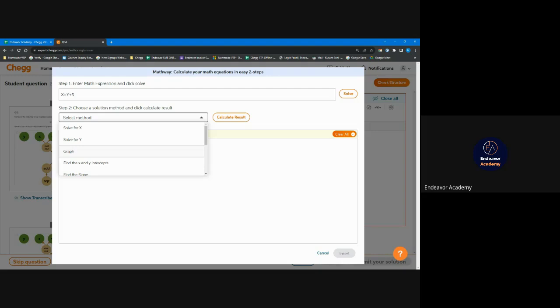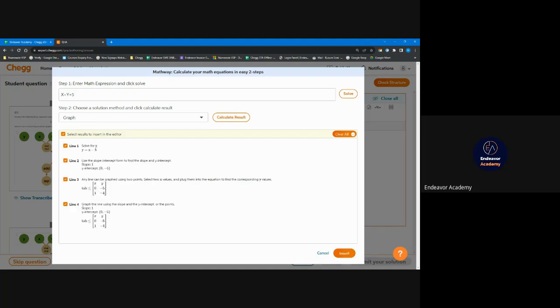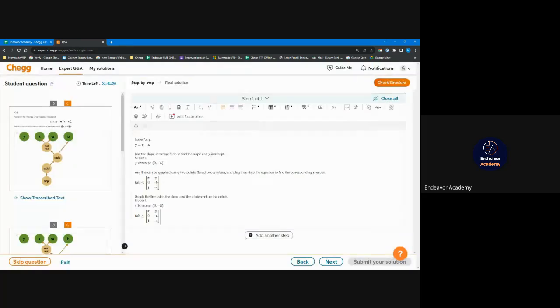So let's say I just want to draw the graph for this equation. I will click graph and then click calculate result. Now you can see the calculation for drawing the graph is already written in this format. So I can directly click insert and it will insert all these steps in my solution.